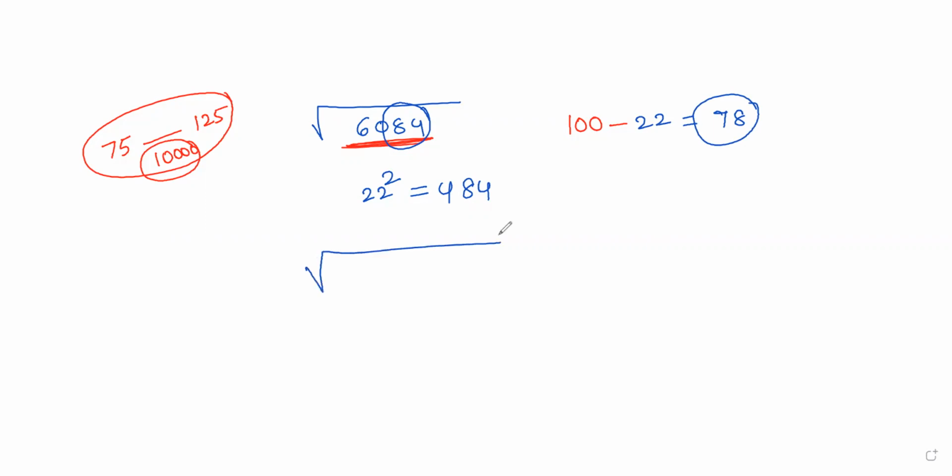Suppose square root of 17956. The first digits are 179, and 256 means 16. 13 square is nothing but how much? 169. So it is very nearest to 169.